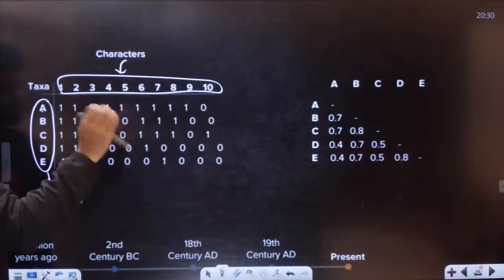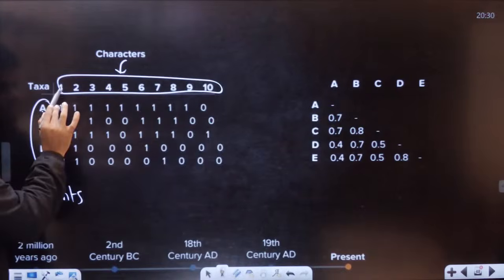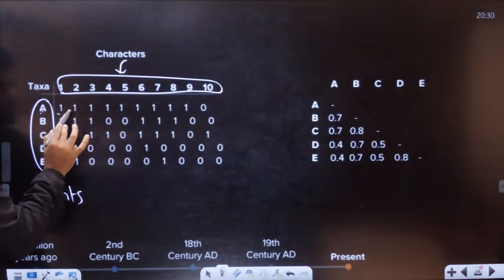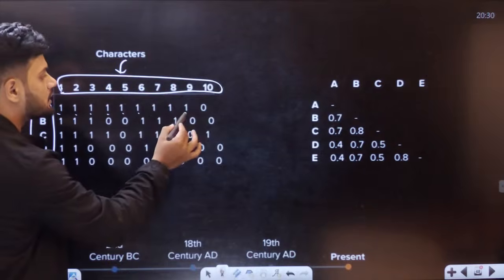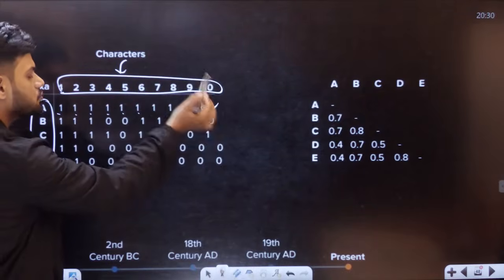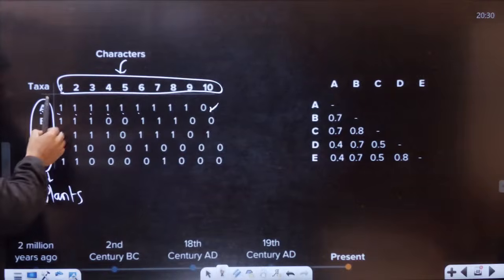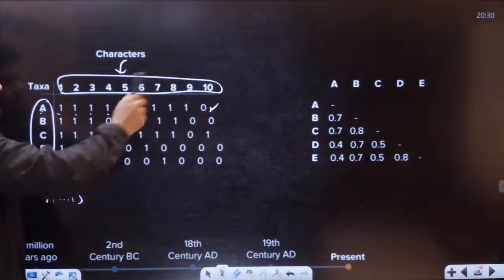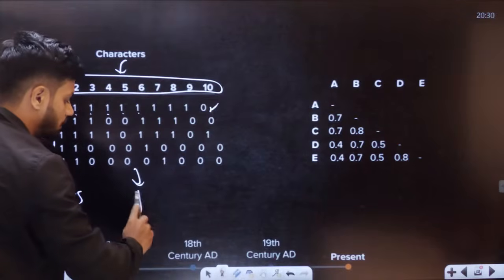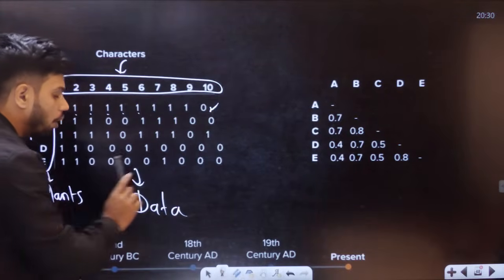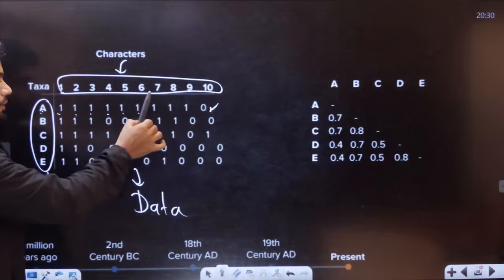If this character is present in this plant, it is 1. This character is absent, so 0. Similarly, we do that 1, 0 method for every plant and every character. We get a data. And again, students, all of this data is equally treated here.